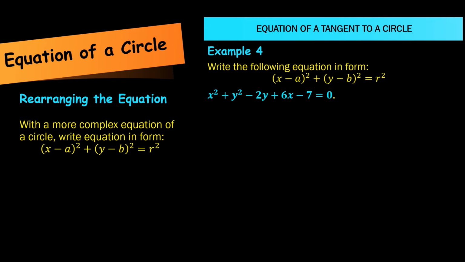So example 4 requires us to write down this equation, x squared plus y squared minus 2y plus 6x minus 7 equals 0, in the form (x minus a) all squared plus (y minus b) all squared equals r squared. We will consider how to rearrange this equation so that it takes this form.